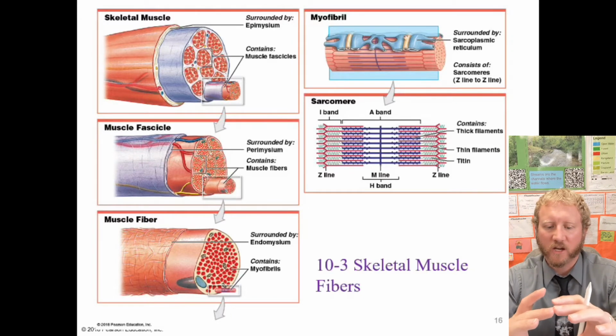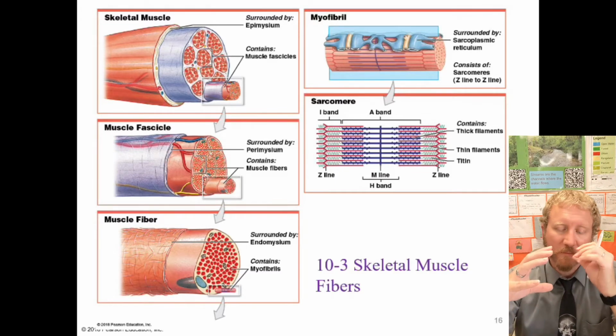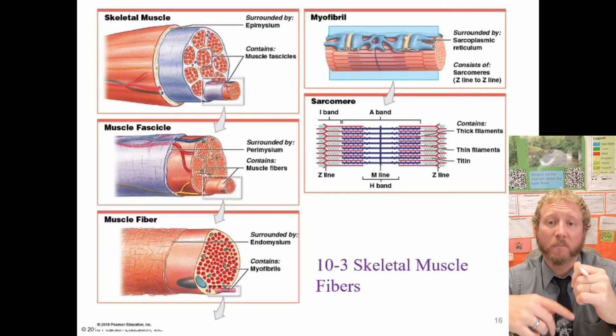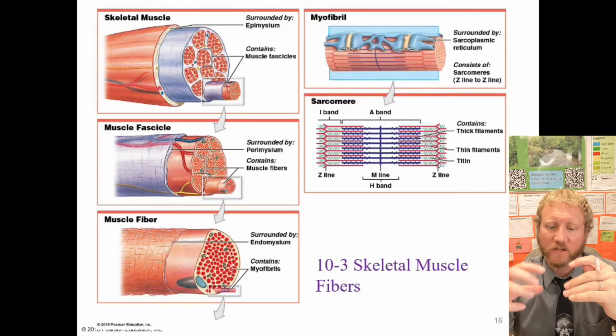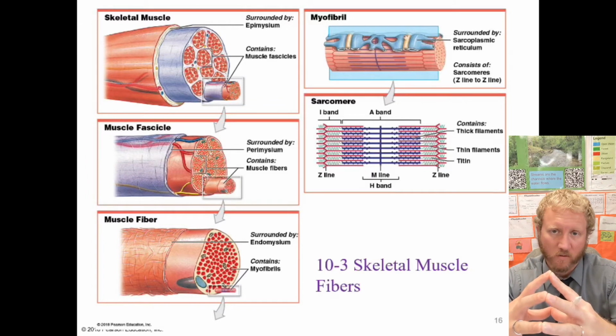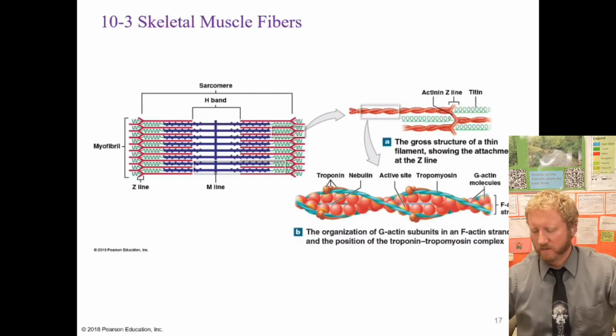You take a bunch of muscle fibers together and wrap them up in the perimysium, and that's your muscle fascicle. Then you take a bunch of fascicles and bind them together with the epimysium, and that is your skeletal muscle. So there are layers upon layers upon layers.